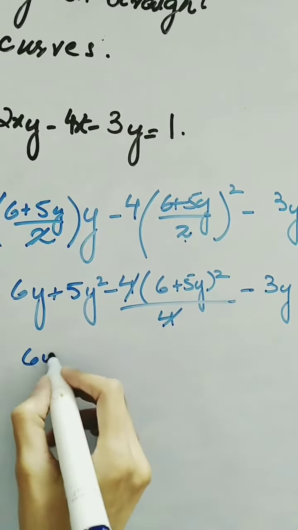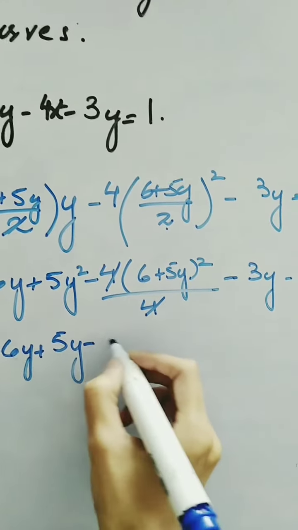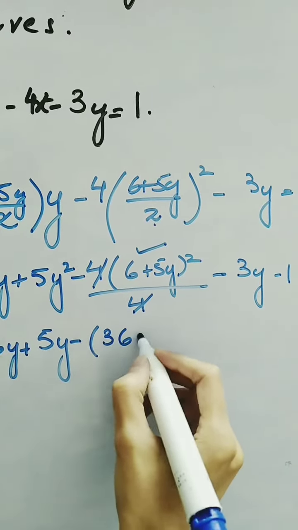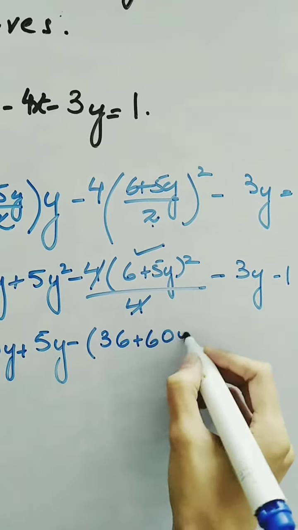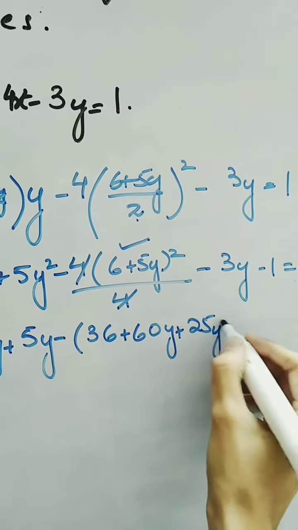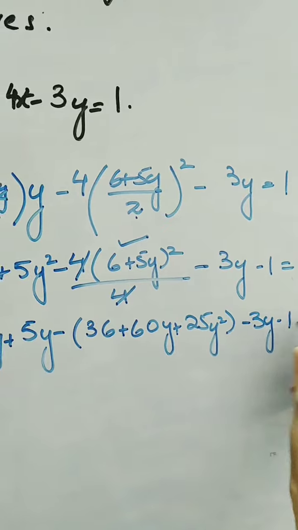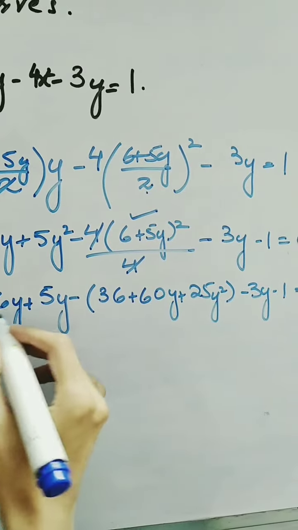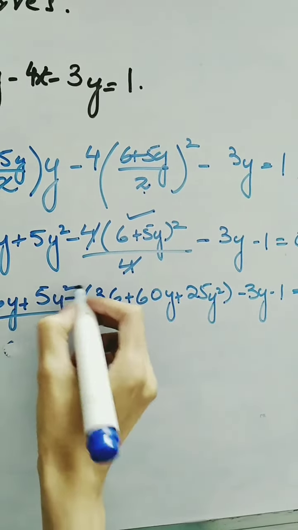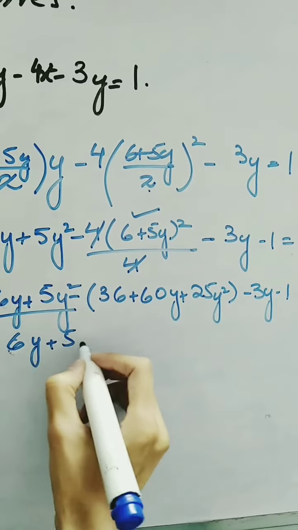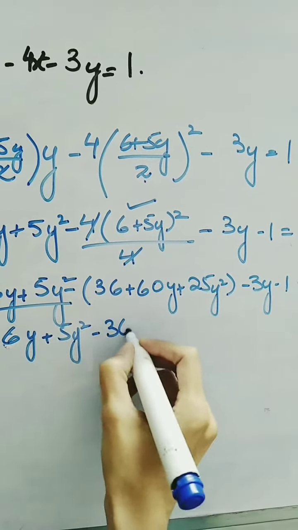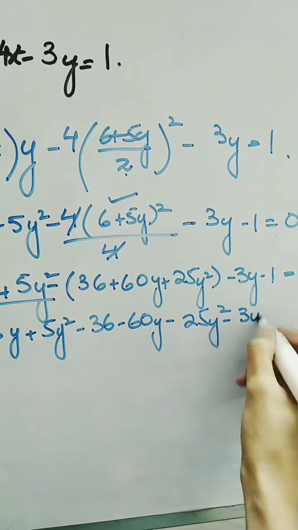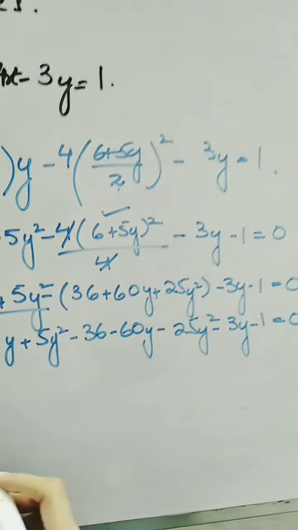Now we have 6y plus 5y square minus, and we have expanded this expression with the help of the a plus b whole square formula and it becomes 36 plus 60y plus 25y square, minus 3y minus 1 is equals to 0. We will have 6y plus 5y square minus 36 minus 60y minus 25y square minus 3y minus 1 is equals to 0.